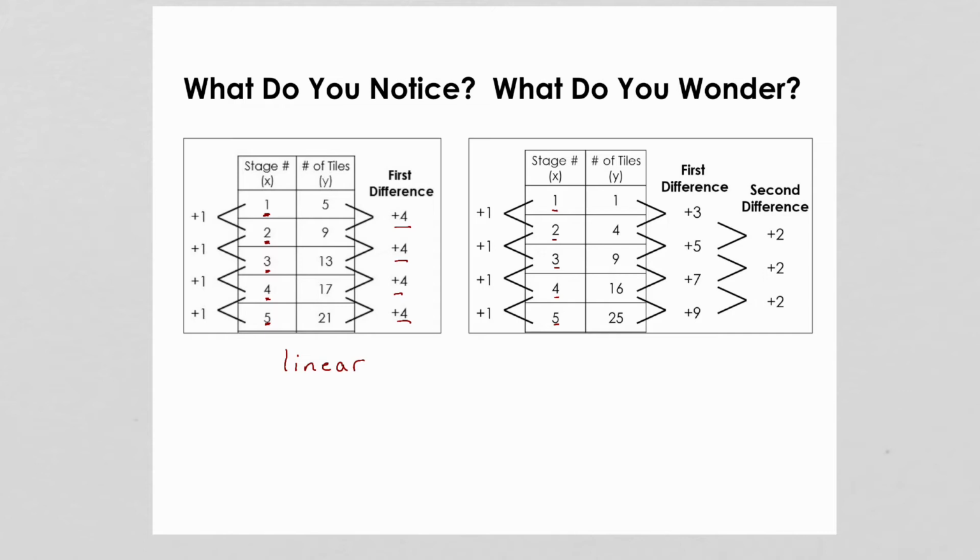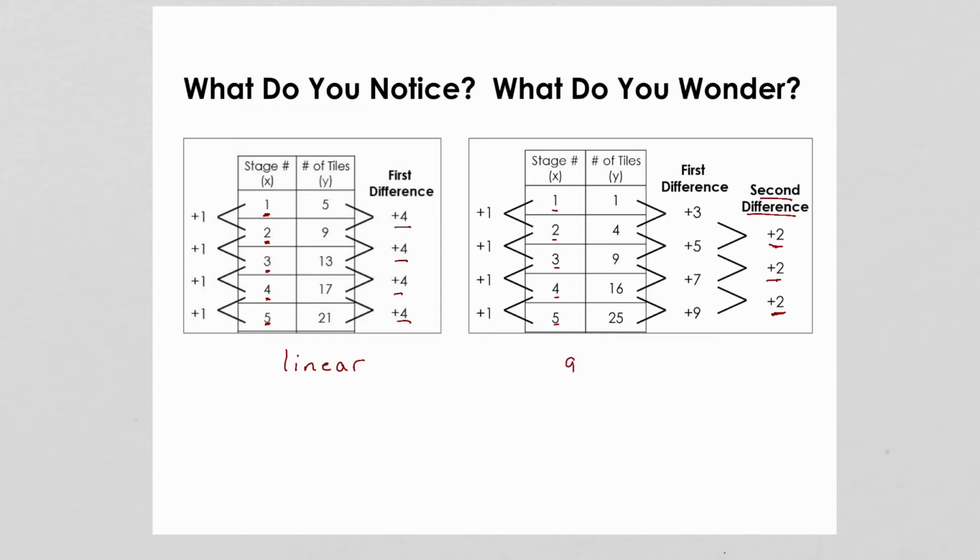But look what happens when we find the second difference. What that means is we find the difference of the first differences, if that makes sense. So in other words, from 3 to 5 is 2, from 5 to 7 is 2, and from 7 to 9 is 2. So that second difference is the same.